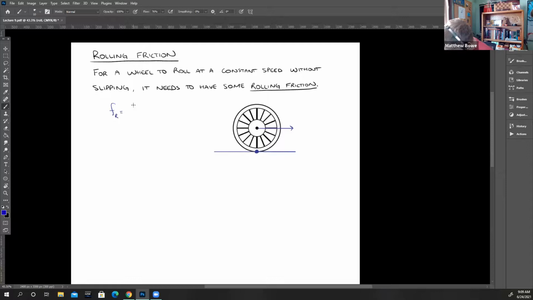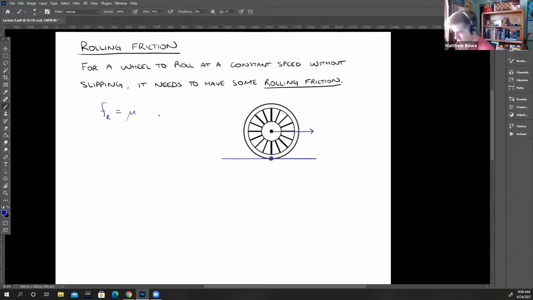This one isn't too common in a lot of physics classes. It is a bit more specific. Maybe in an engineering class, this would be more prevalent. F_R equals lowercase r times the normal force.